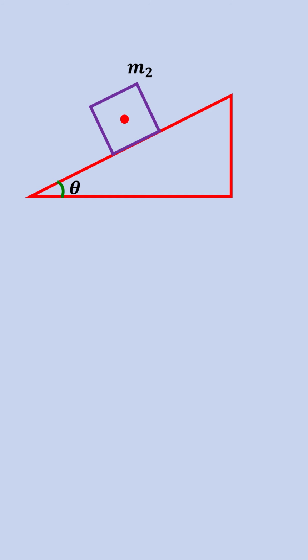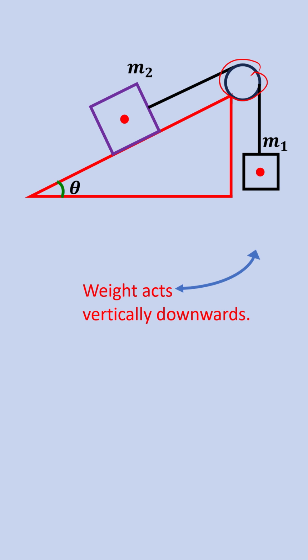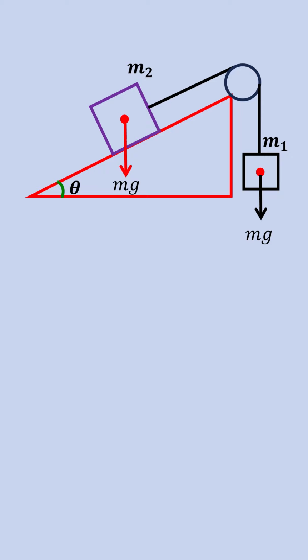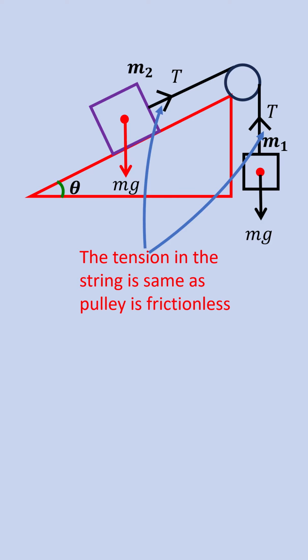M2 is kept on an inclined plane, and the mass M1 is suspended on the other side through a frictionless pulley. Now the weight M1G acts vertically downward. The tension acts away from the bodies, and the tensions are equal. The tension in the string is the same as the pulley is frictionless.